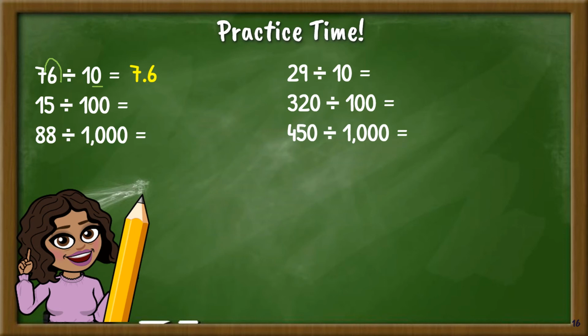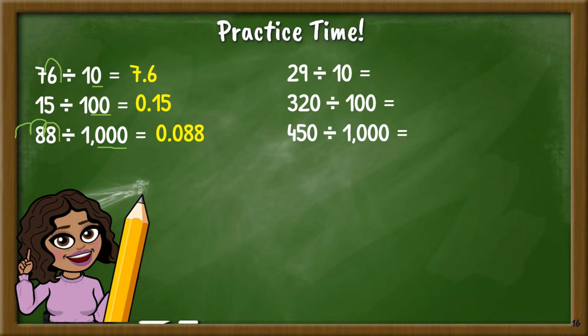Don't forget to look at the patterns. 15 divided by 100, our quotient will be 0.15 because our decimal point was moved two times. 88 divided by 1,000, the quotient will be 0.088 because the invisible point was moved 1, 2, and 3 times because there are three zeros in 1,000. Try these on your own.